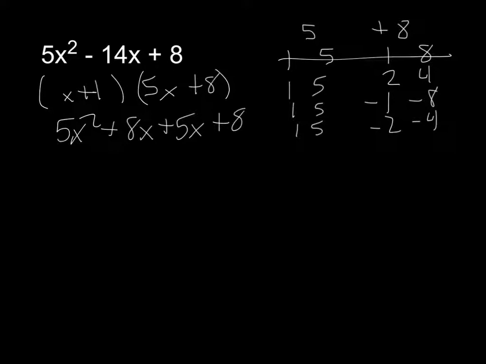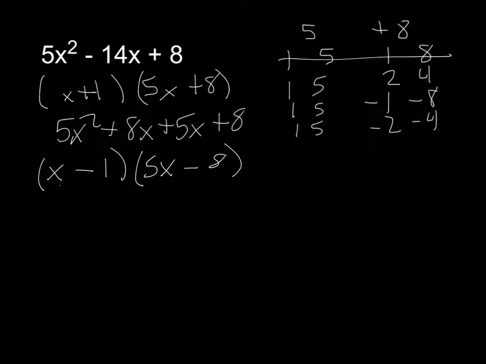That's not going to work. It's definitely going to be something with negatives. So let's skip that second one and go to the third one. Let's say we have x minus 1 and 5x minus 8.